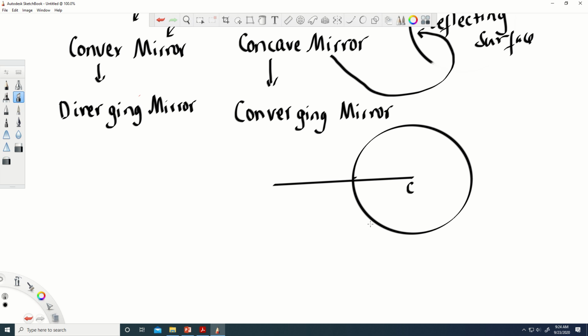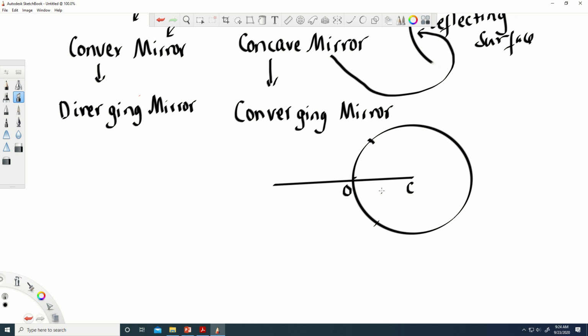We use the letter C for that, and this is the optical center. So this part is our mirror. It could be either concave or convex depending on which one is the reflecting surface. We call the center of that mirror the optical center O.